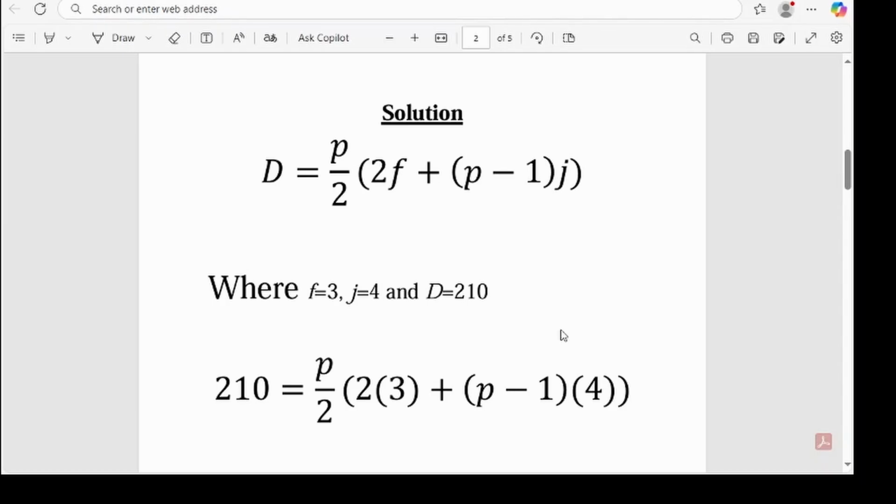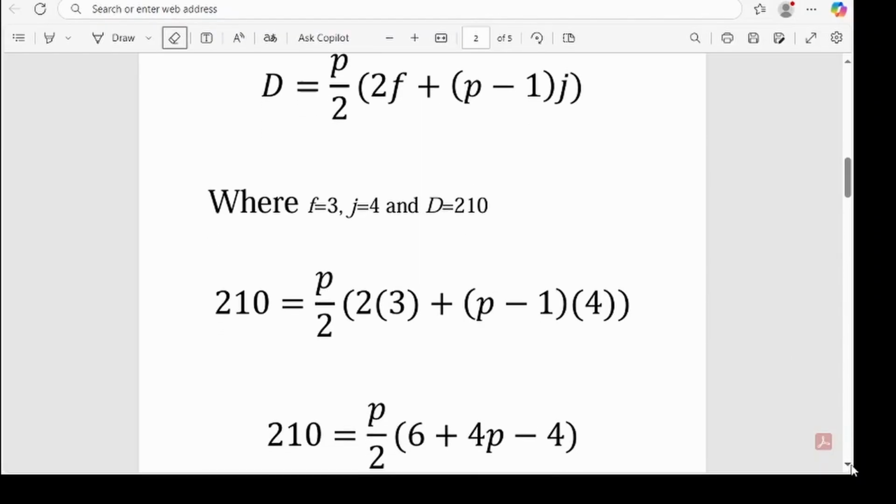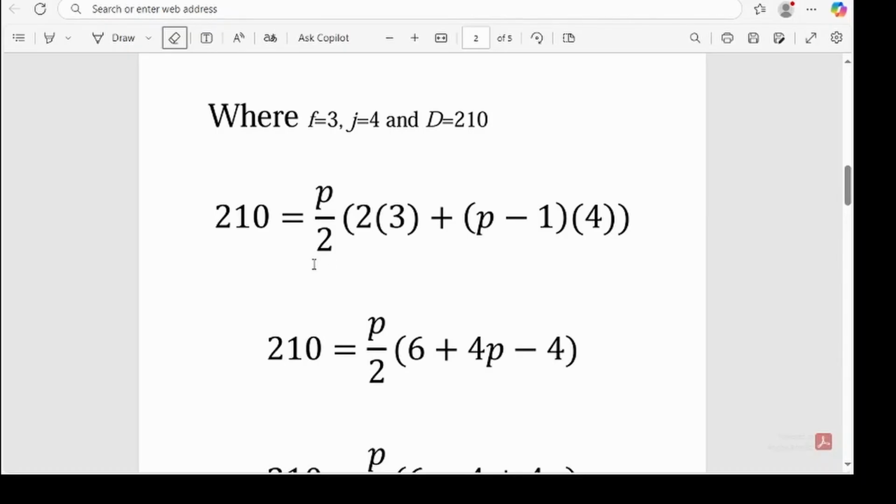So we insert the values into the given equation. Here d is giving us 210, so we have 210 equals p over 2 multiplying, in brackets, 2 times 3 plus, in brackets, p minus 1 multiplying 4. So we simplify.